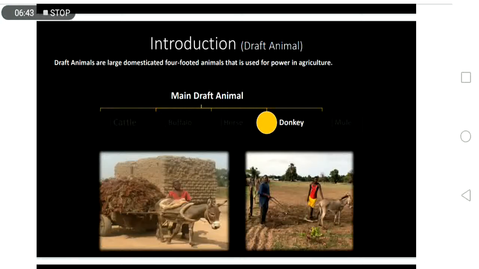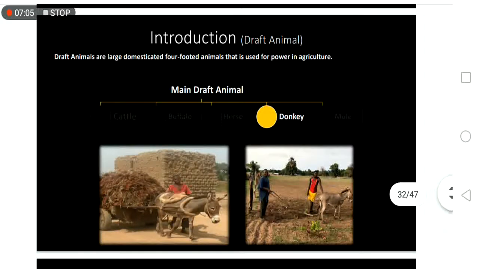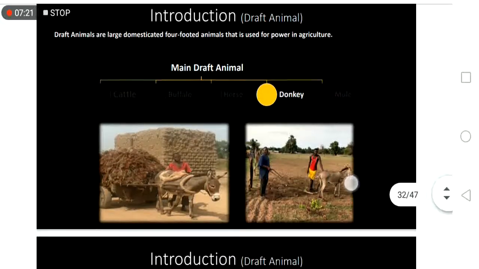So the donkey is like a horse, but it is a smaller animal than the horse. Of course, you might expect that the power of the donkey is lesser compared to those bigger draft animals that we have discussed.